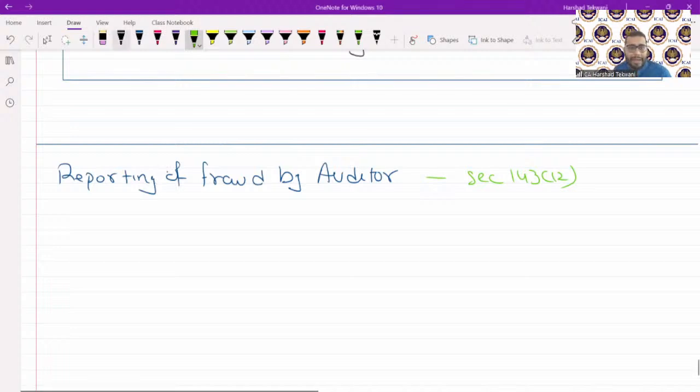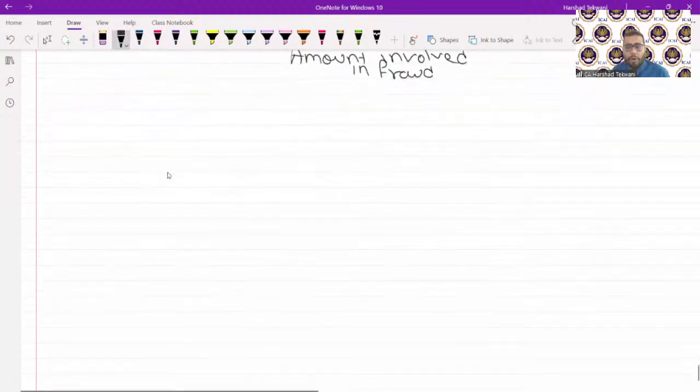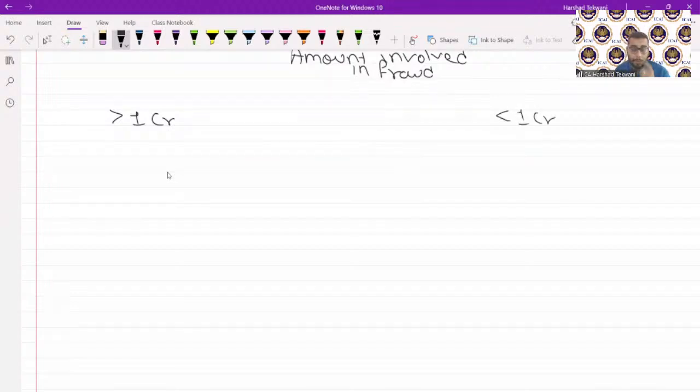So the criteria over here is the amount involved in fraud. What is the amount involved in fraud? Whether the amount is greater than 1 crore or is less than 1 crore.